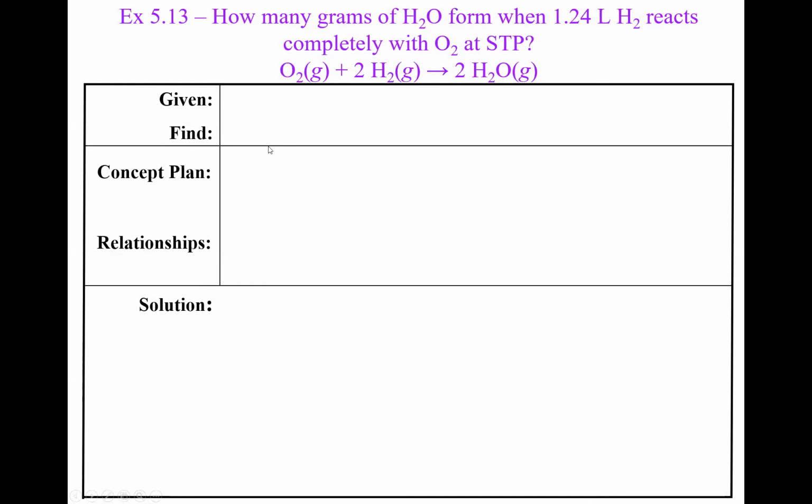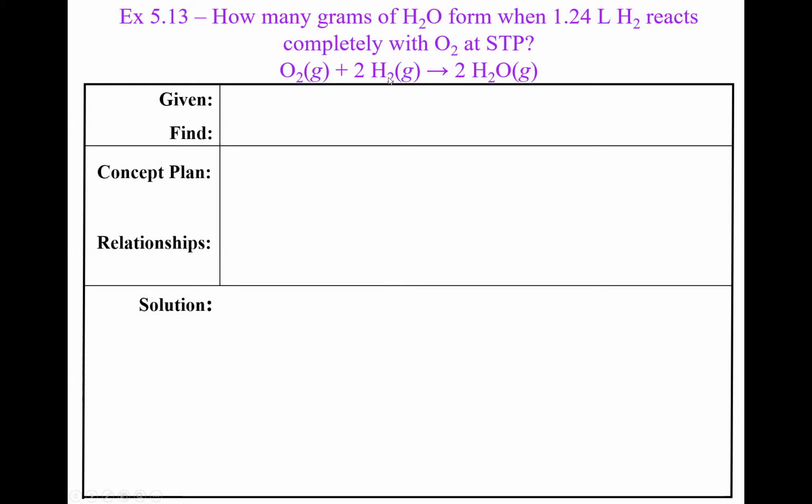Okay, one more here. How many grams of water form when 1.24 liters of H2 reacts completely with O2? So oxygen and hydrogen, this is the modern day fuel cell, where your only product is water. This time we're at STP, so we're going to have a better shortcut. It wants to know how many grams form when 1.24 liters of hydrogen react.